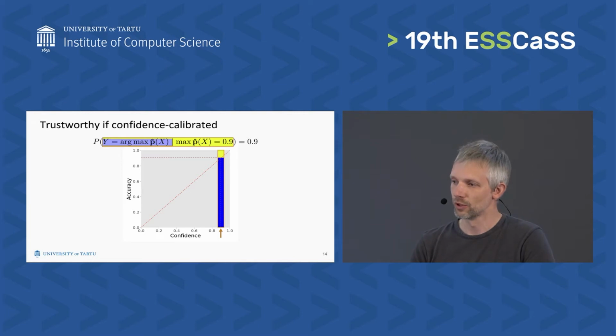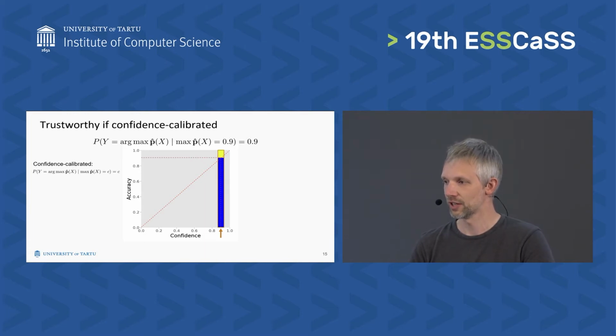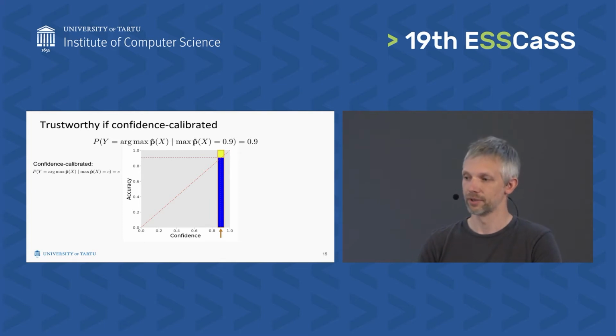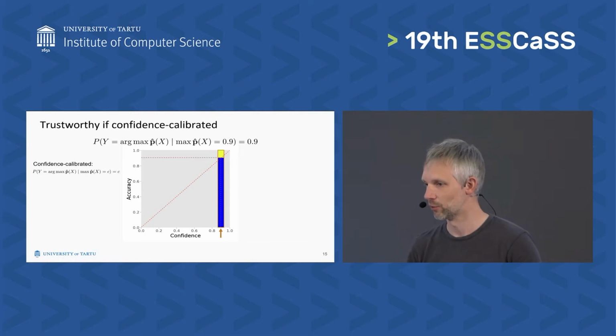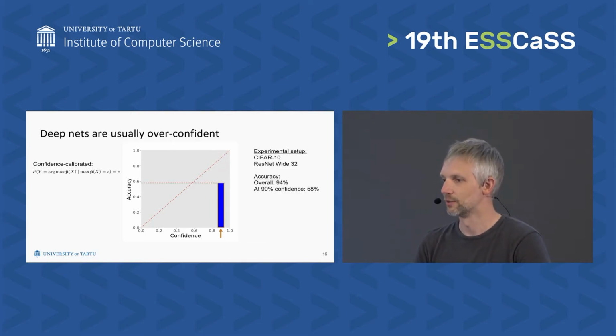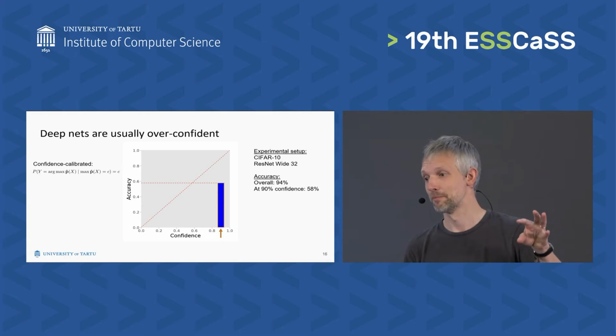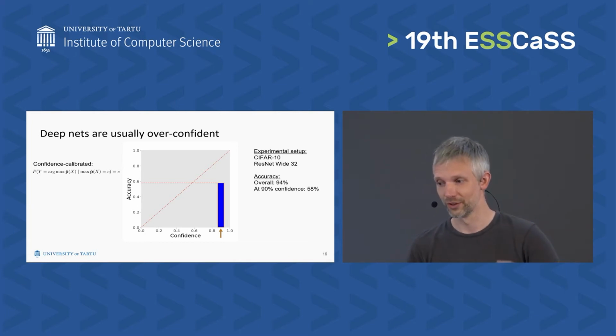We want that to happen in 90% of the cases. That's the mathematical definition of being confidence calibrated. I've written it down for 0.9, but of course we want this to happen for any c between, in principle, 0 and 1. But we can't get very low confidences because we're always taking the maximum, so we cannot get confidences below 1 over the number of classes.